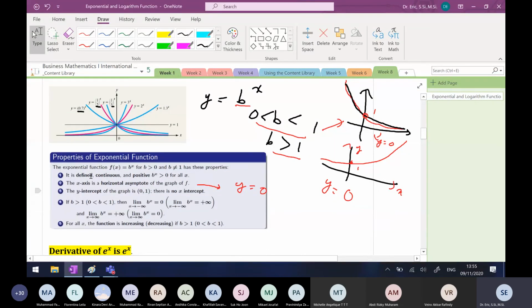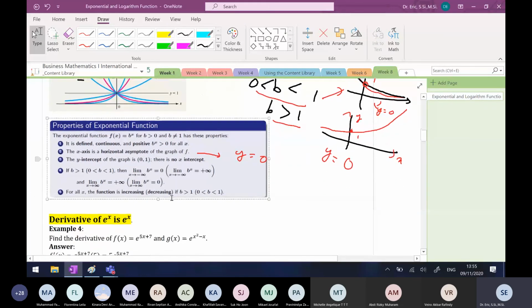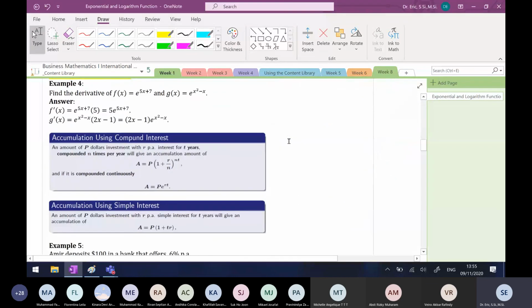We are not interested. So these are the properties of the exponential function. It is defined for all x, continuous, always positive, always on the upper part of the x-axis, and has a horizontal asymptote, the x-axis, y equals 0. When x goes to infinity, it is decreasing or increasing, depending on whether b is from 0 to 1 or greater than 1.